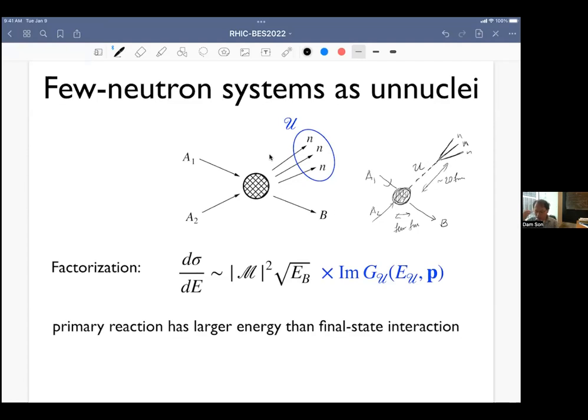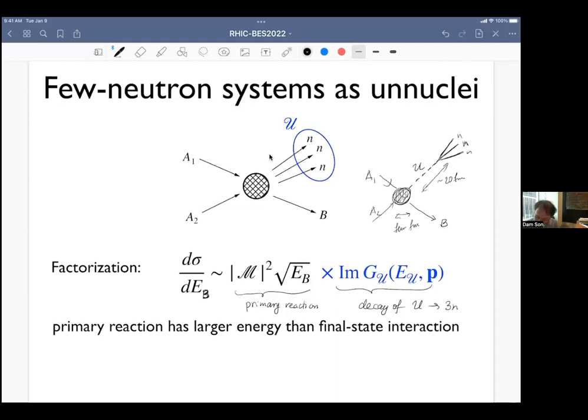If that is the case, then we expect the differential cross section, which here is written as d sigma over dE, where E can be thought of as the energy, say, of the B particle, to be a product of 2 parts. The first part comes from the primary reaction, and the second is the decay of the unparticle U to neutrons, 3 neutrons in this case, for example.